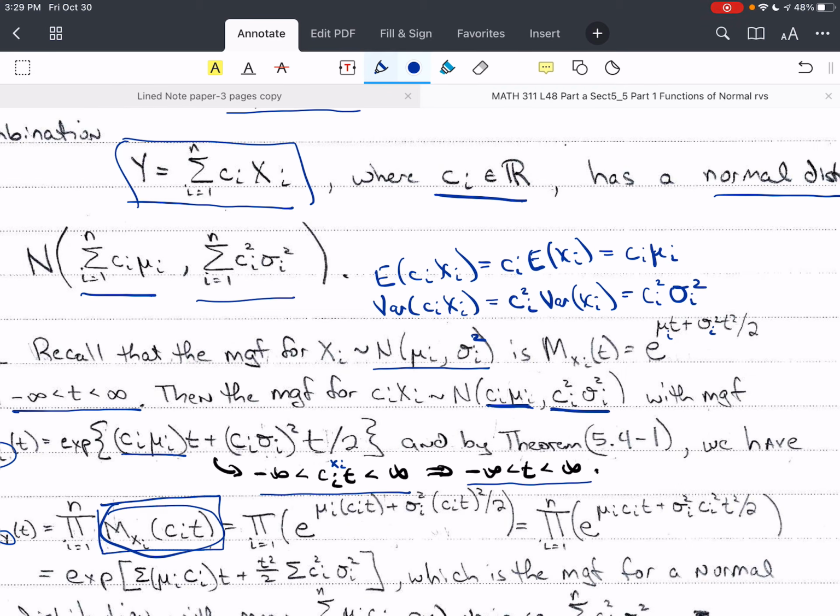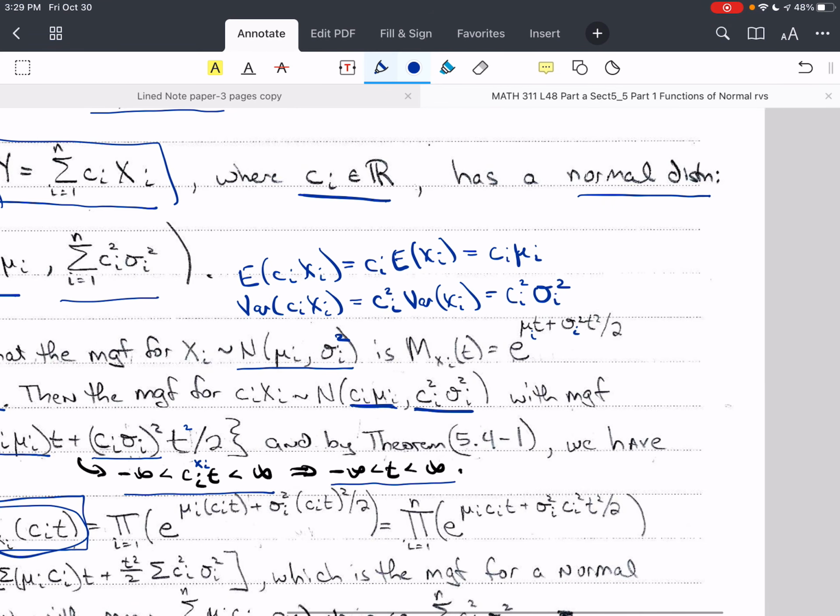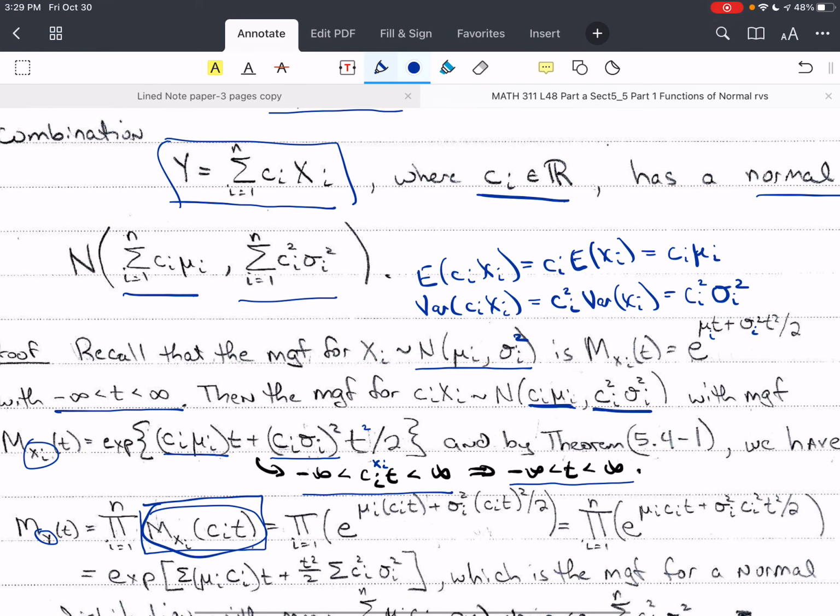ci t squared. Now I have rearranged these from where I wrote it here. Here I had sigma i, ci sigma i squared, and I forgot my t squared here. And so this is, of course, ci mu i t, and this is ci squared sigma i squared t squared over 2.